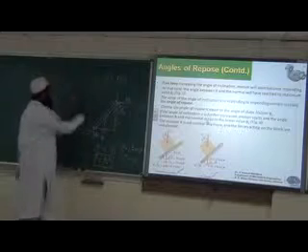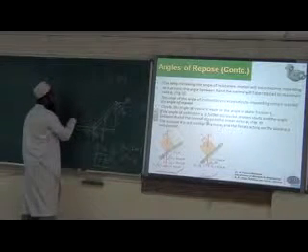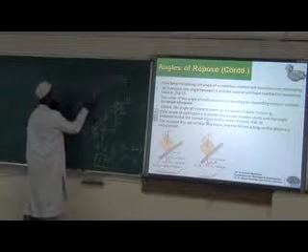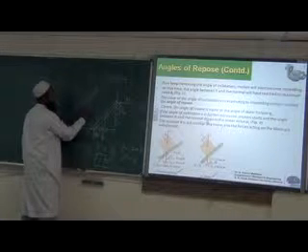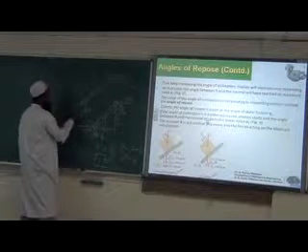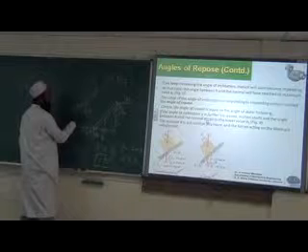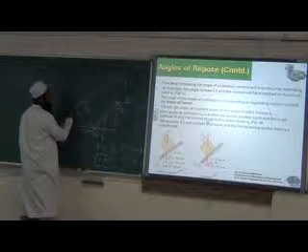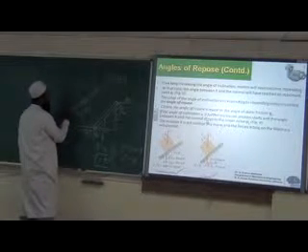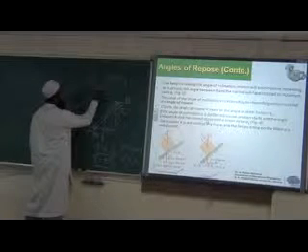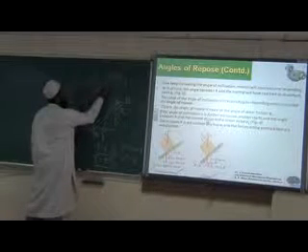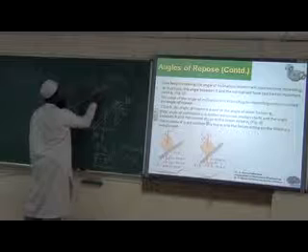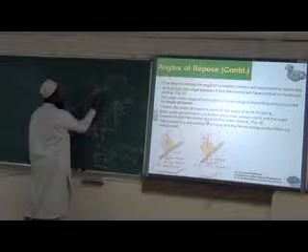So if you draw the free body diagram for the ladder only, you will have this W, normal force at the floor, frictional force at the floor, then normal reaction at the wall, frictional reaction at the wall.